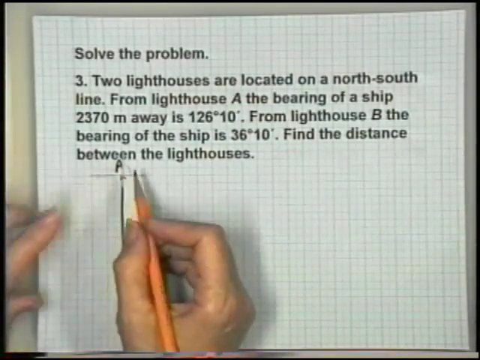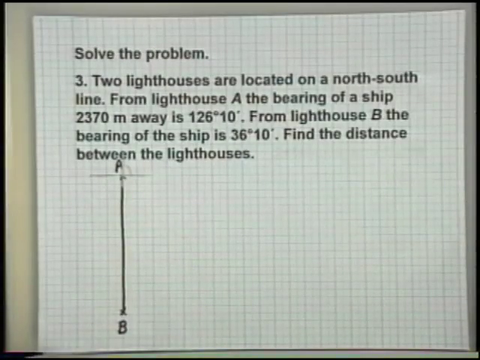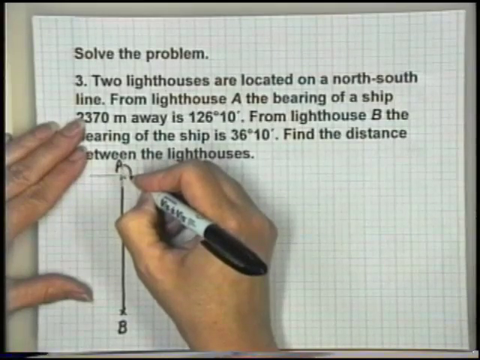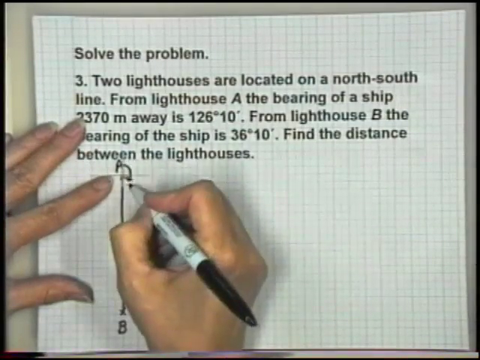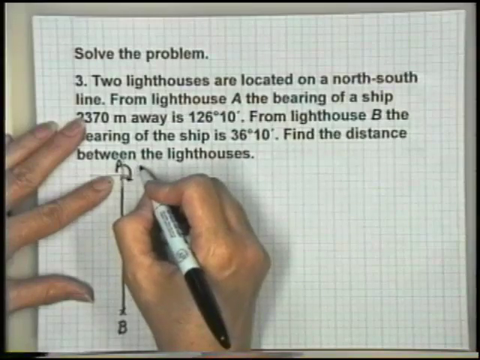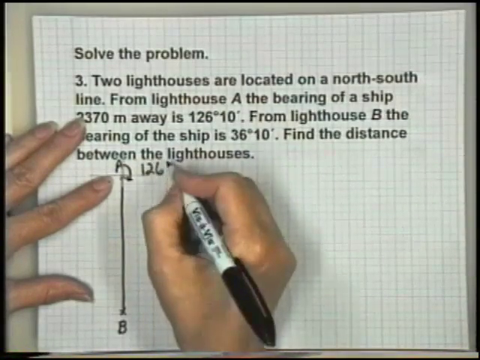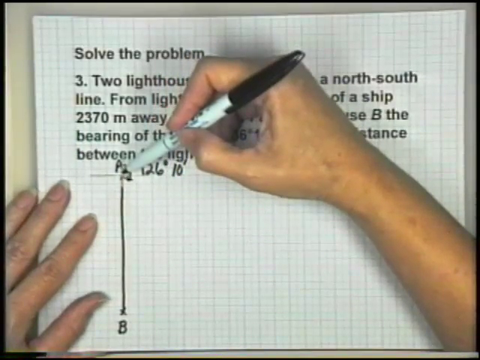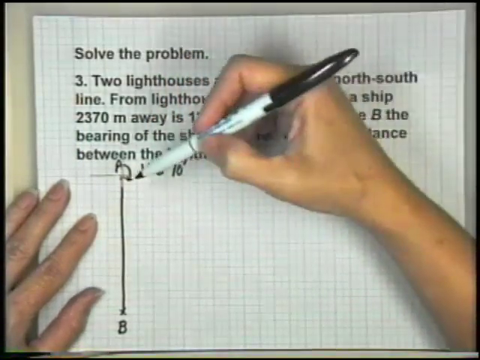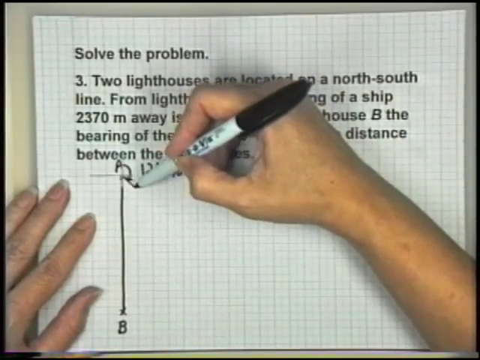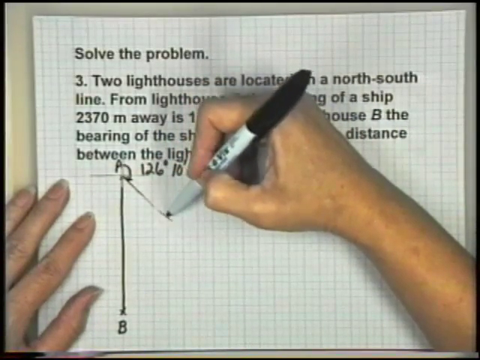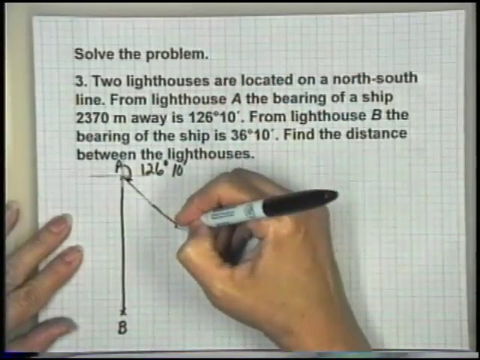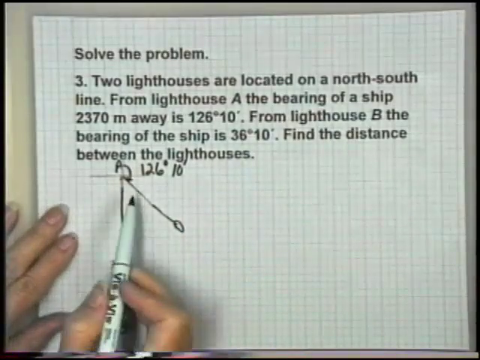I know that all the way down here is 180, but that helps me estimate a little bit better. So I'm going to do this angle to the best of my ability and label it 126 degrees 10 minutes, and then sketch out in this direction and put my ship out here. And here's my ship.